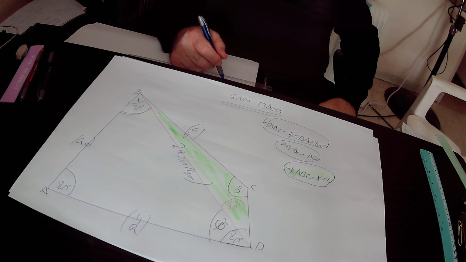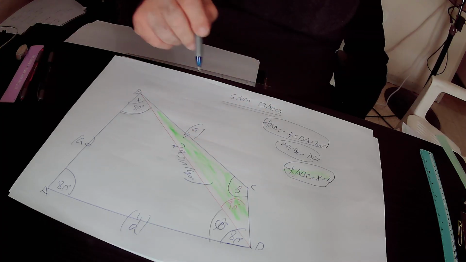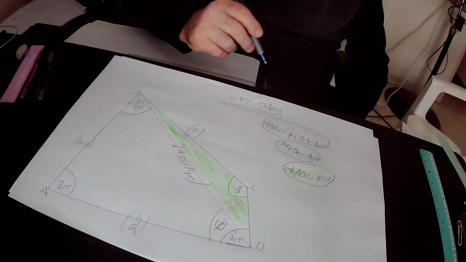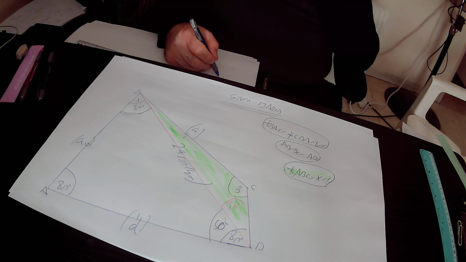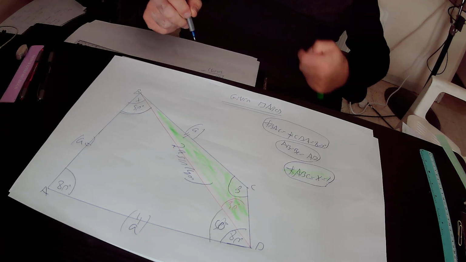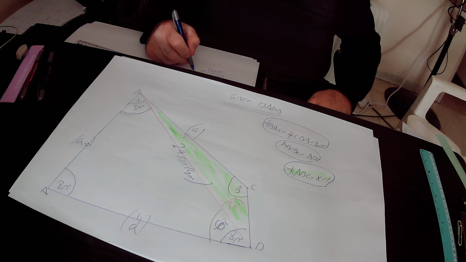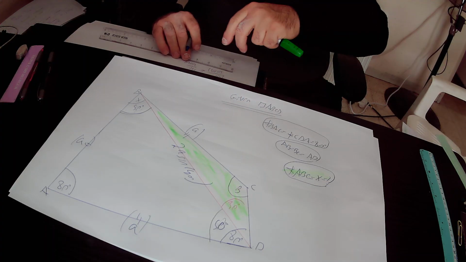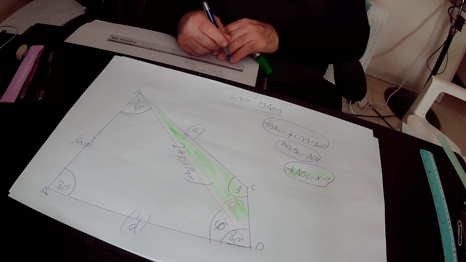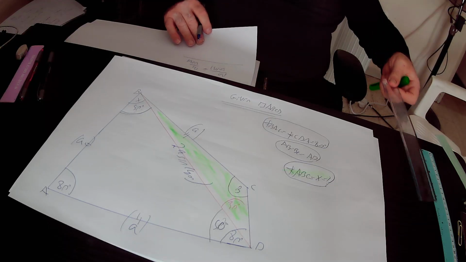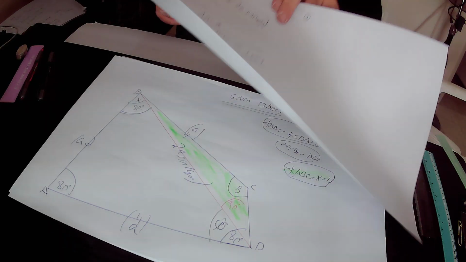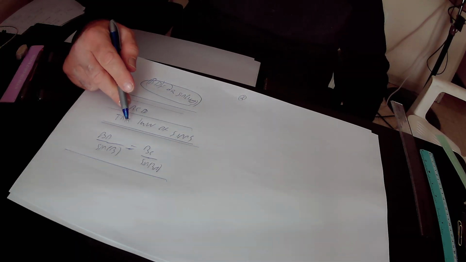According to the law of sines, in this green triangle BCD, the following equation is true: BD over sin beta equals BC over sin 40 degrees.